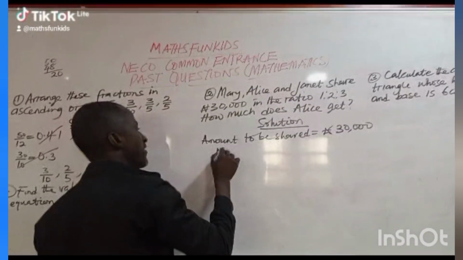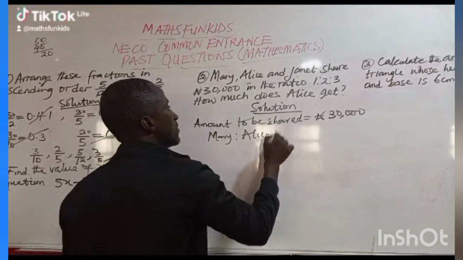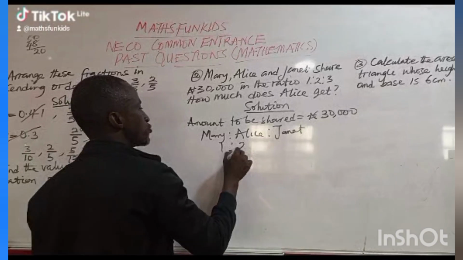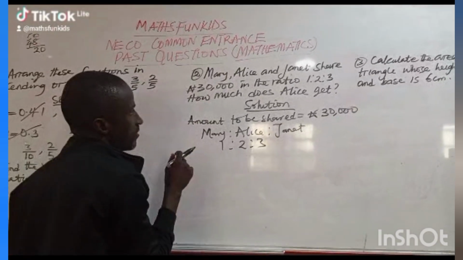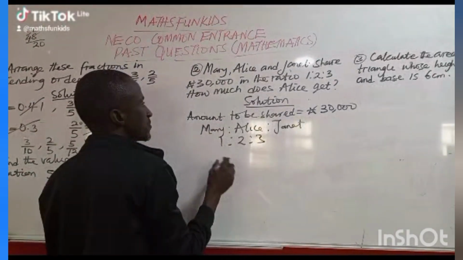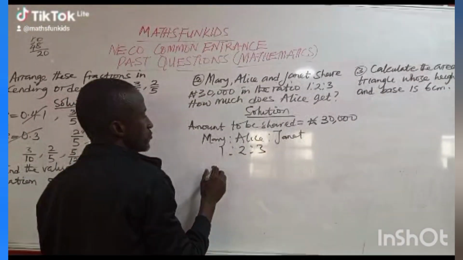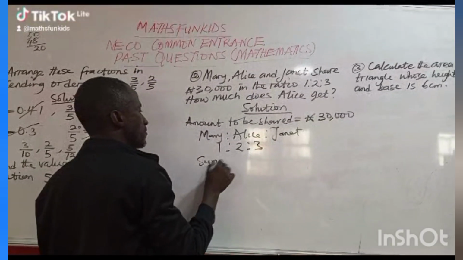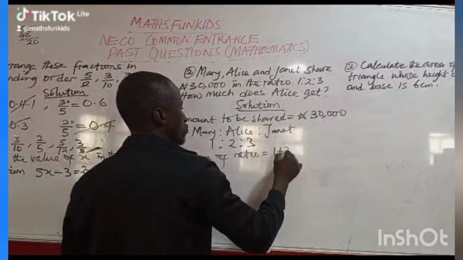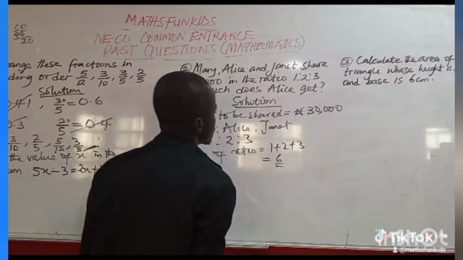And we have Mary, Alex, Janet, in the ratio 1:2:3. Now we want to get how much Alex collects from the money. So we need to find the sum of the ratio, and the sum of the ratio is 1 + 2 + 3, and that should be 6.